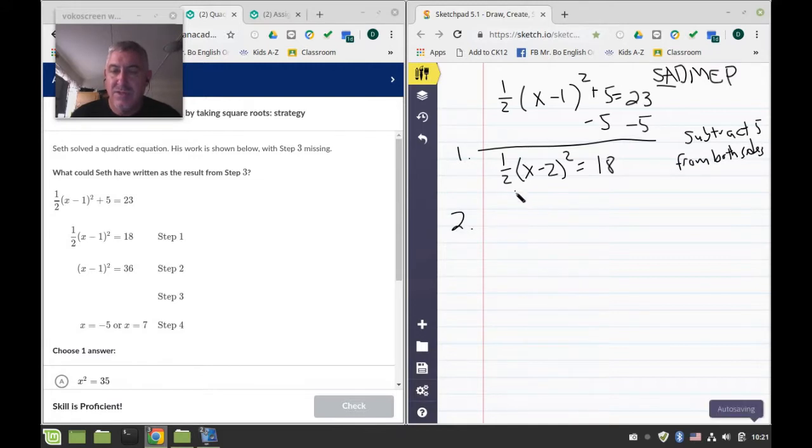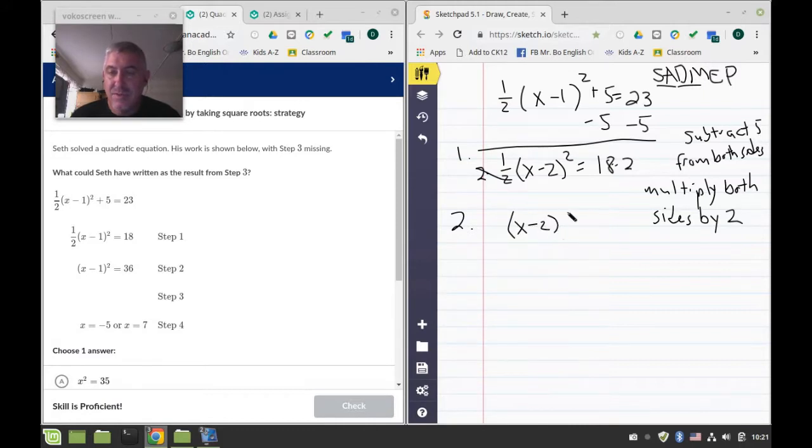Okay, number 2, divide and multiply. Here I have 1/2 times, or divide by 2, so I'm going to multiply both sides by 2, and 2 divided by 2 is 1, so I'm going to have x minus 2 squared is equal to 36.